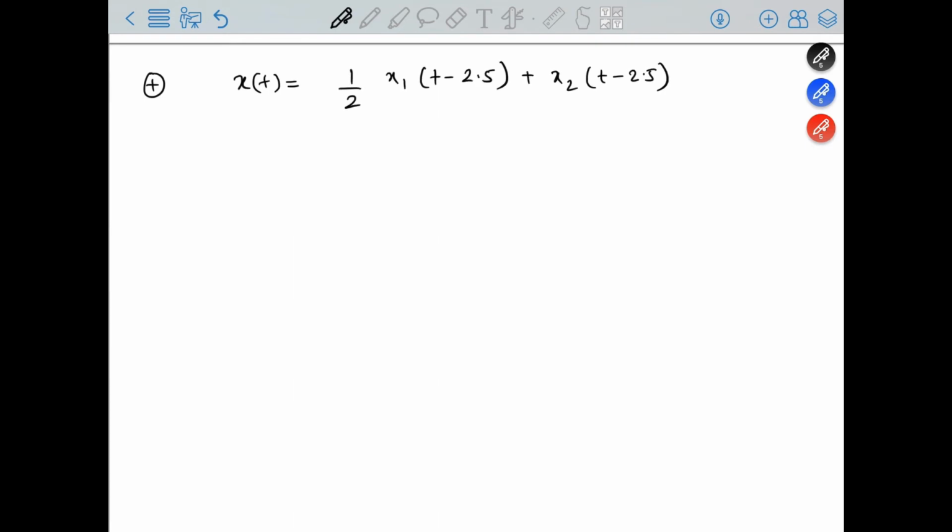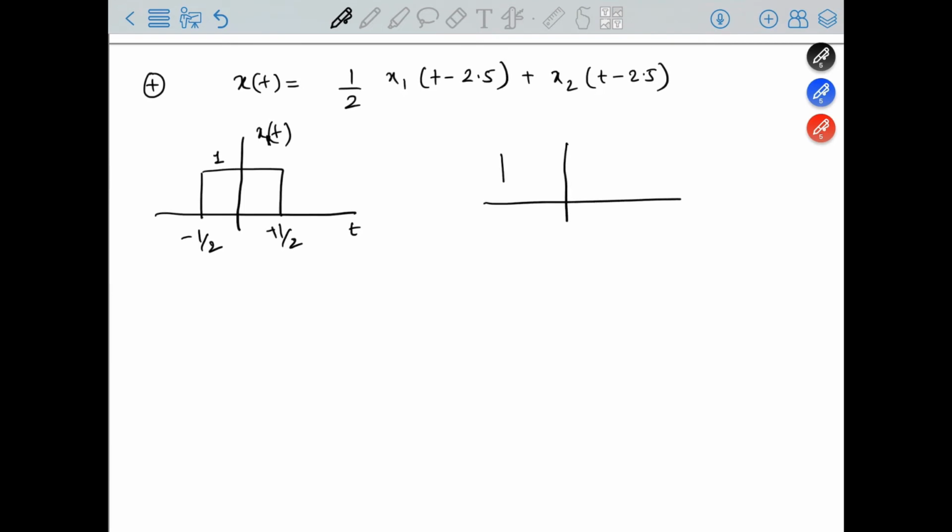Here x1 is a rectangular signal varying from minus 1 by 2 to plus 1 by 2, taking a value of 1 in that range, and this is your x1(t). And x2(t) is a pulse which takes a value of 1 for the period minus 3 by 2 to 3 by 2, and this is your x2(t).